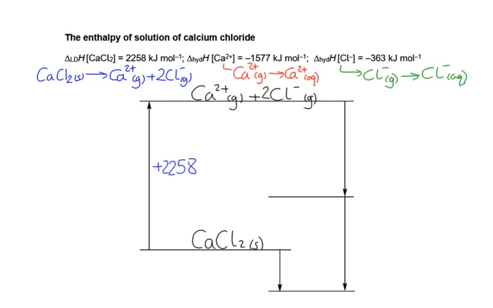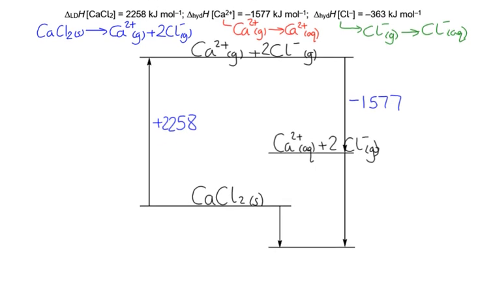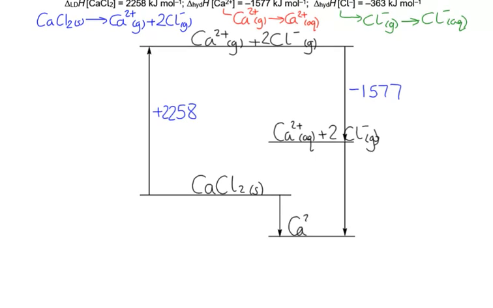And then we're going to hydrate it a little bit at a time. So we're going to hydrate the calcium, and there is 1 mole of calcium, so we don't need to double any numbers yet. We're leaving the chloride ions as they are, so that is just the number -1577.